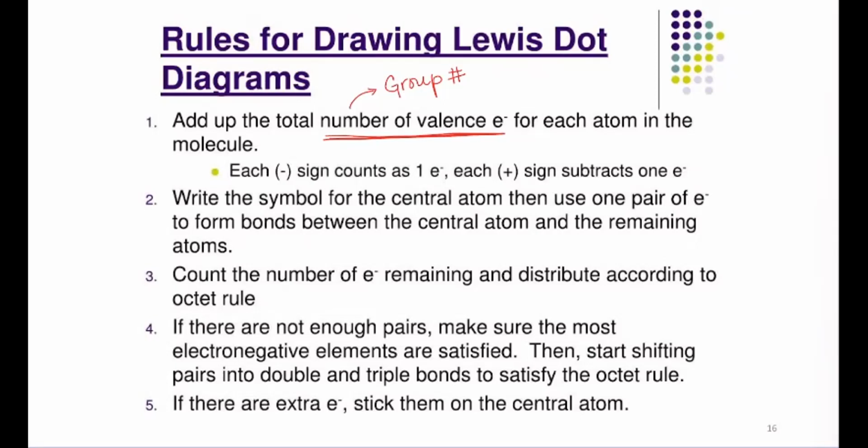Then you're going to write the symbol for the central atom in the middle. So how do we even determine what's the central atom? We mentioned before the whole idea of metallic character, okay?